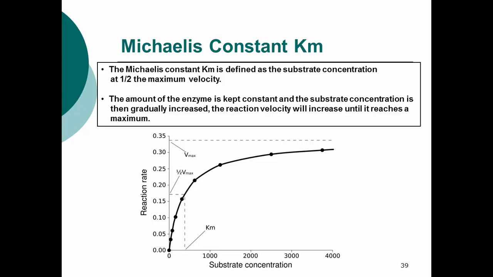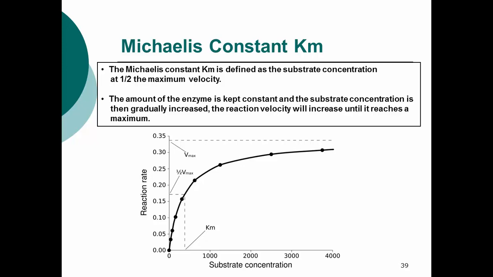But it also depends on the substrate, right? If we don't have enough substrate, even if you have a higher concentration of enzyme, that reaction cannot be sped up further. So substrate and enzyme are the 2 important factors that affect the velocity of the reaction, right?